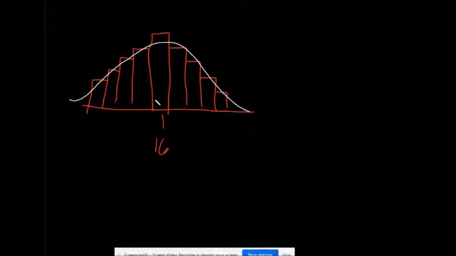All right, so we have this binomial distribution in red where 16 hands are what I would expect to win. That was the 26 times 0.6, which is 15.6, rounded up to 16 because we're dealing with hands of cards. So this white line here, now it's green, is the normal distribution.